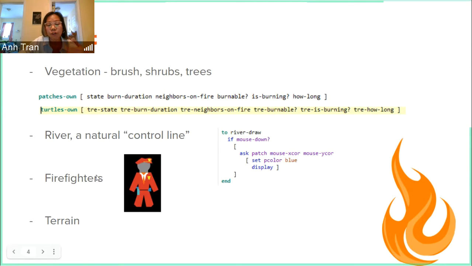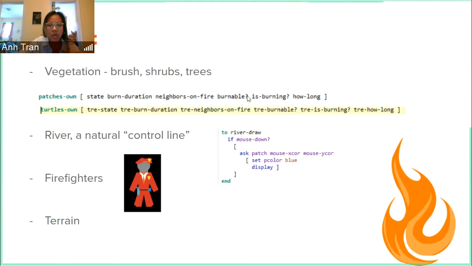And then for our firefighters, this is our little final logo for the firefighters, just to be a little bit extra, because why not? So not as simple as just a regular human shape. And our terrain, which is kind of a big one, because realistically speaking, the terrain accelerates the fire, since the fuel is much closer together, and the firefighters will also have a much harder time containing the fire if they have to move past more difficult terrain.